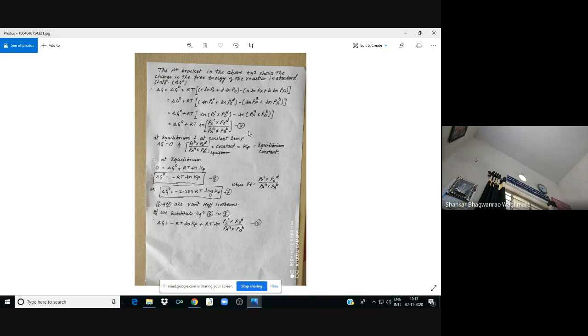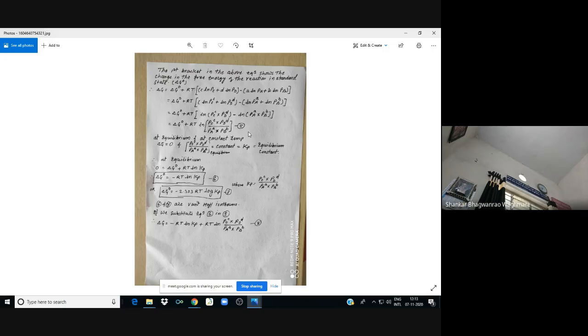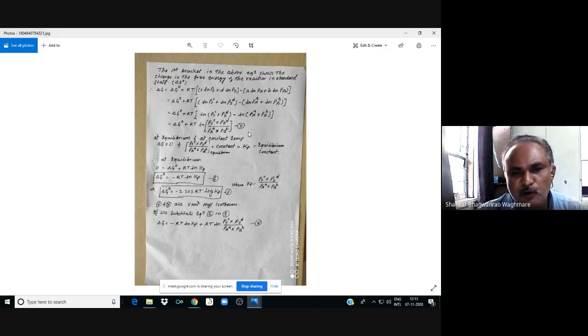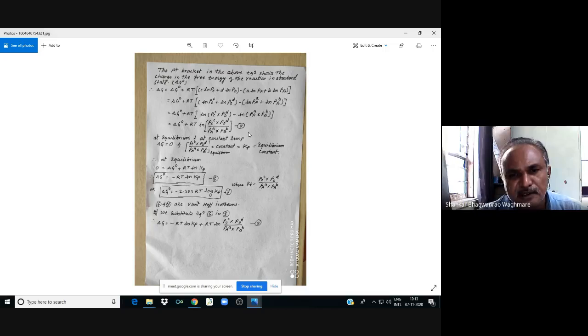If we apply the equilibrium condition for this equation at constant temperature, then we know that at constant temperature and at equilibrium condition, the value of change in free energy is equal to 0. That is, delta G is equal to 0.